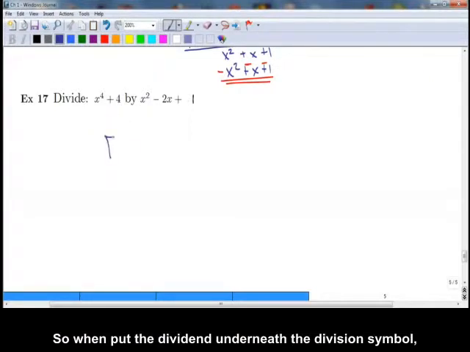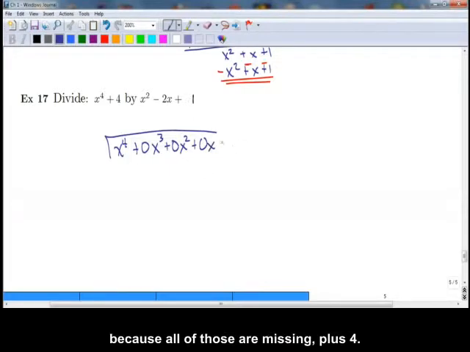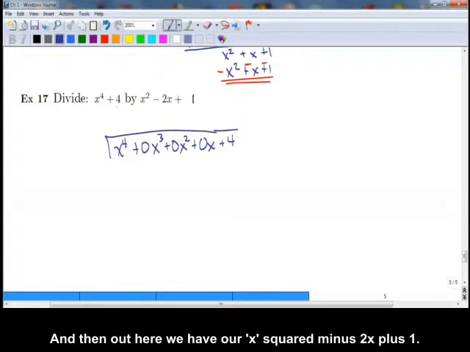So when we put the dividend underneath the division symbol, we end up with x to the 4th plus 0x cubed plus 0x squared plus 0x, because all of those are missing, plus 4. And then out here we have our x squared minus 2x plus 1.